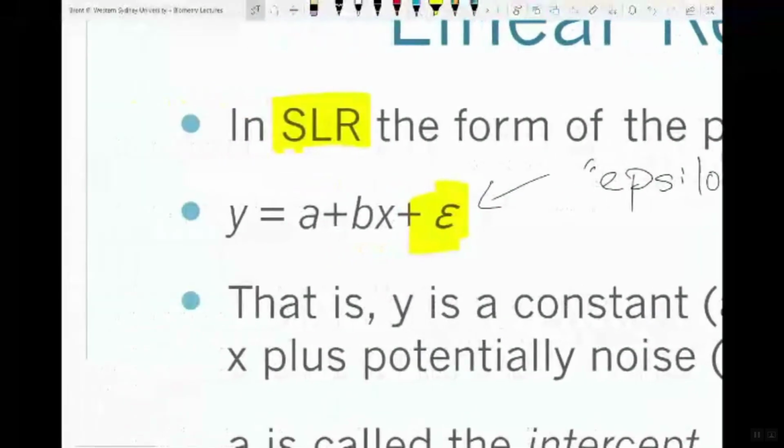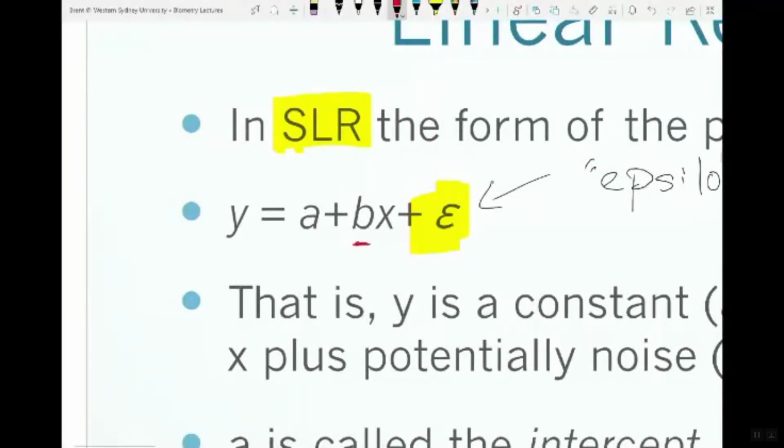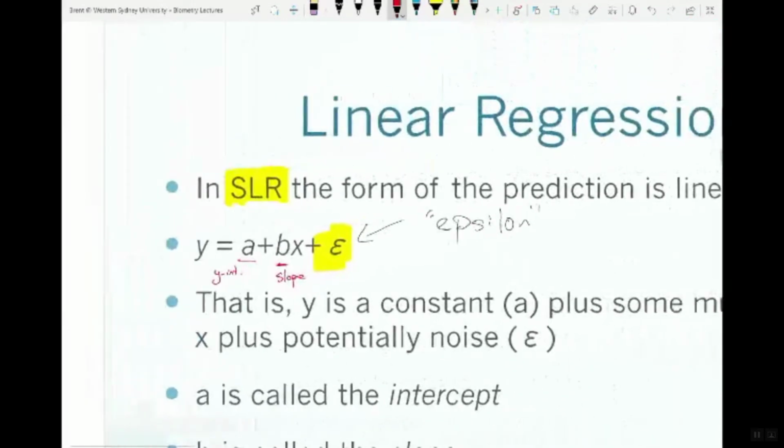What I want to point out, though, is that it should be obvious by looking at the line. The slope is always the coefficient of x. Coefficient is a very fancy, expensive-sounding word for a number that sits in front of a letter. That's all the coefficient is. So whatever x is, the number that sits in front of it is always going to be the slope or the gradient, and this guy here is the y-intercept, the point that it crosses the y-axis.